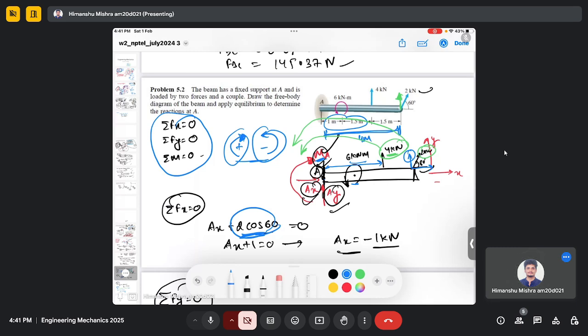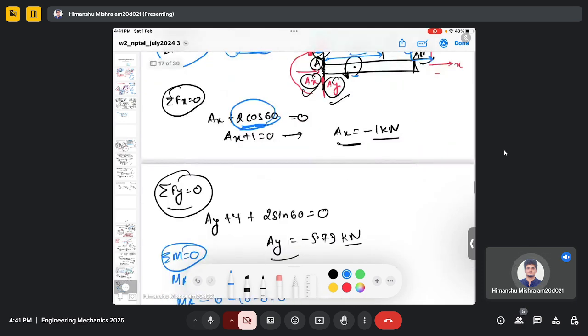moments here. But let's say you are given a pin joint here and not a fixed support. Then when you make the free body diagram for the pin joint, for the given instant, this will be your free body diagram.